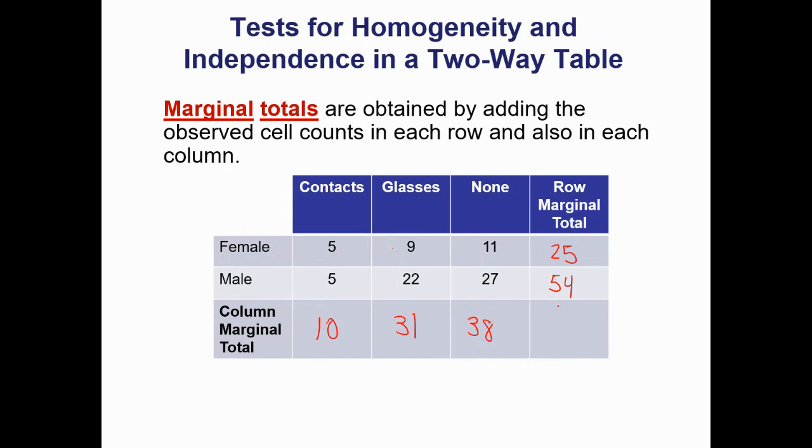And then this box right here we call the grand total. It should be the sum of the rows and the sum of the columns. No matter which way you add them up, you should get, in our case, 79.